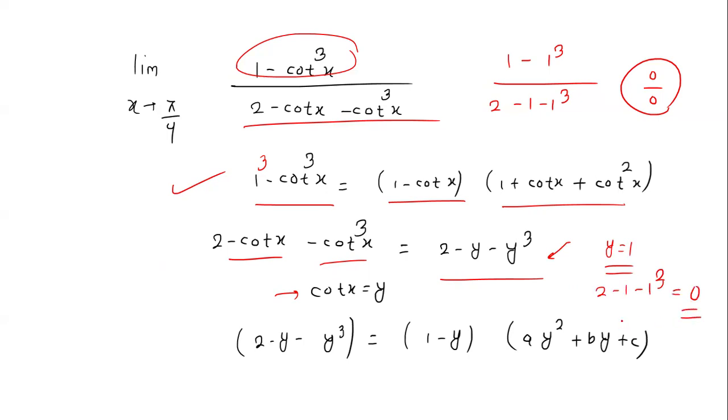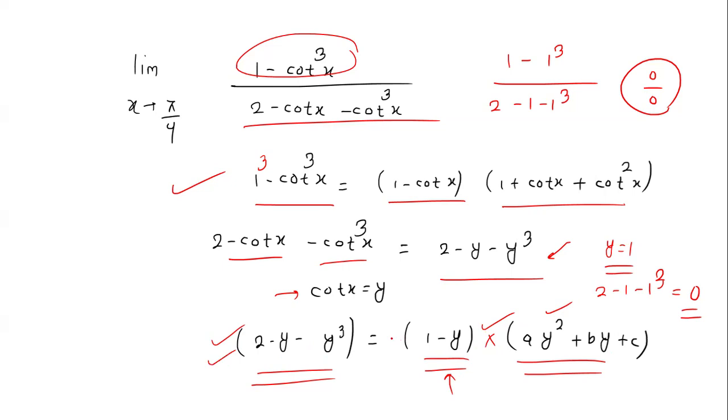So we can see that 1 minus y is a factor of this cubic. This is one linear factor, and if you multiply it by a quadratic, then the linear and the quadratic will give us this cubic.